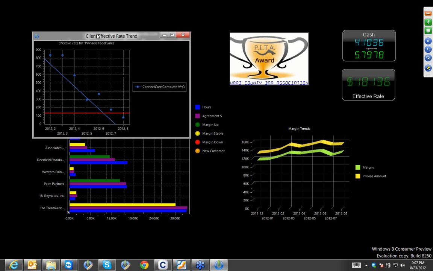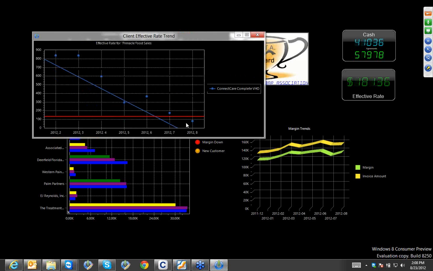So this is a longer-term contract. In this case, when I drill down on it, I can see that as of right now, my estimated effective rate for this customer is at $80 an hour. So you can see that that's actually way below what our profit threshold typically is, and it's lower than what our 3-month average is.